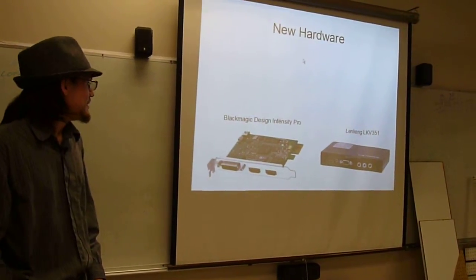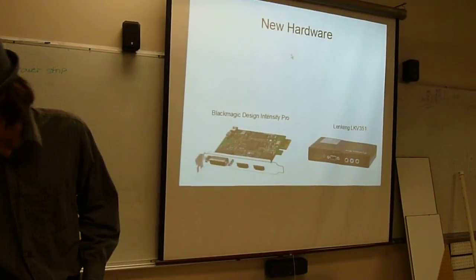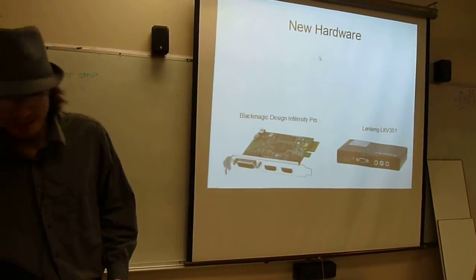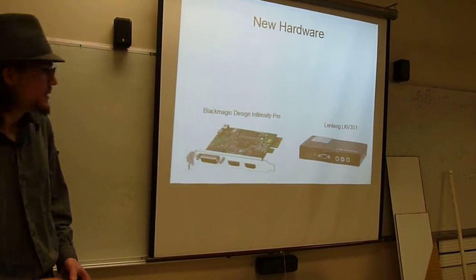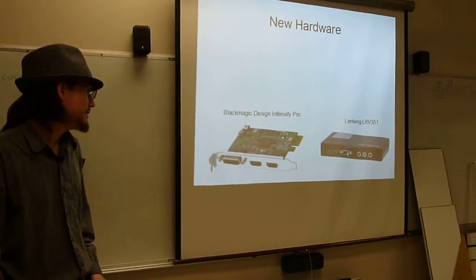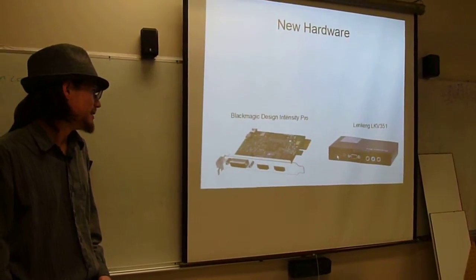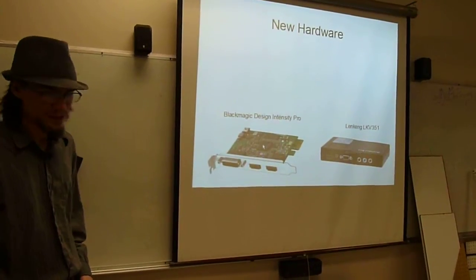All right, and then this quarter we're also getting in some new hardware. We actually already got one of these. Here's the converter box. You plug in the VGA signal here, it comes out in HDMI here, and you plug it into the HDMI capture card.